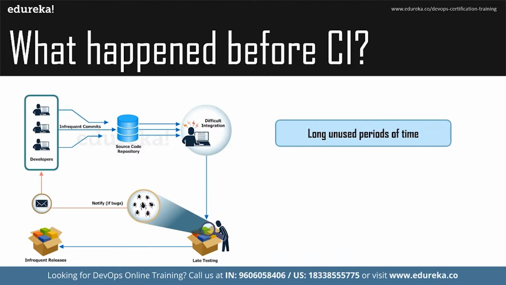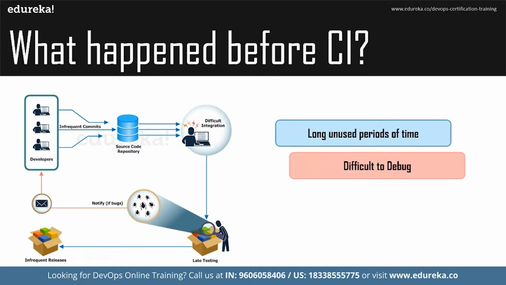It takes a lot of time, so developers have to wait for a long period of time in order to get the test results. The second problem is that since the entire source code of the application is first built and then it is tested, if there is any bug in the code, developers have to go through the entire source code of the application.